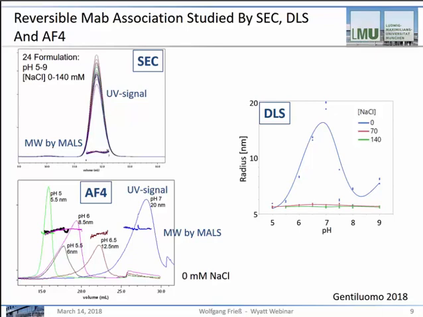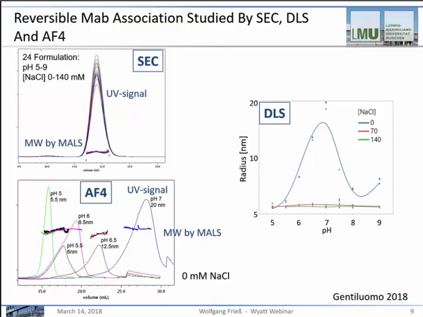However, when you do the dynamic light scattering study, you can see that in the absence of salt, 0 millimolar sodium chloride added, the pH has a strong effect on the hydrodynamic radius measured. At about pH 7, you see that the radius is almost 20 nanometers. At pH 5, it's down to 6 nanometers, as we would expect for the monomer. We can get to a similar range at the high pH end.